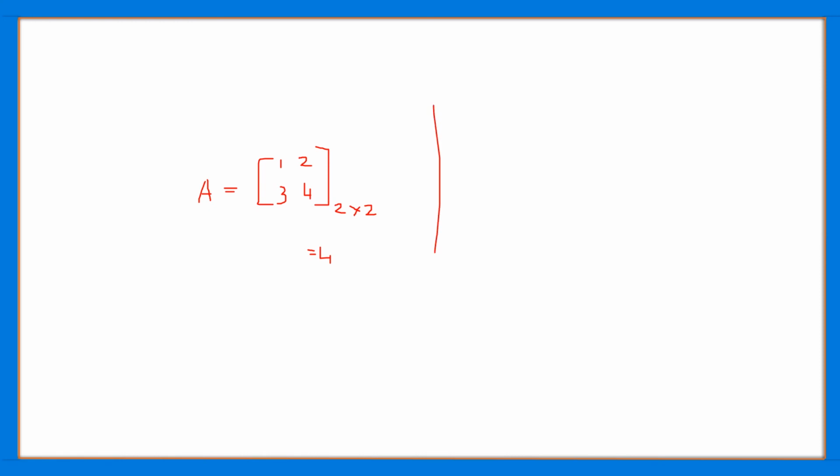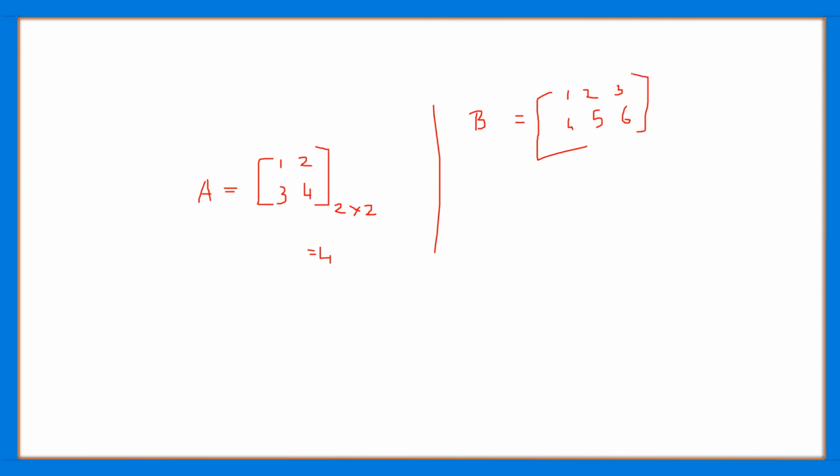Okay, let us take another example. B is equal to 1, 2, 3, 4, 5, 6. Okay, what is the order of this matrix?